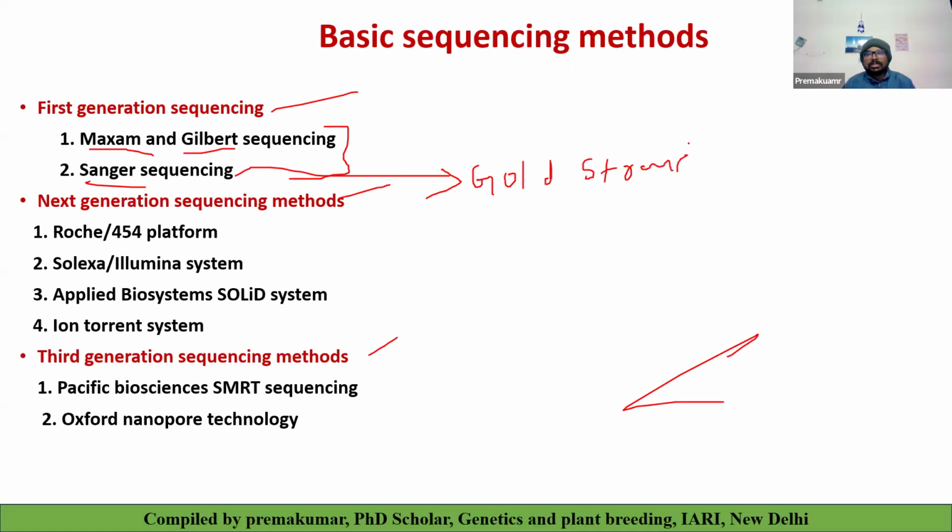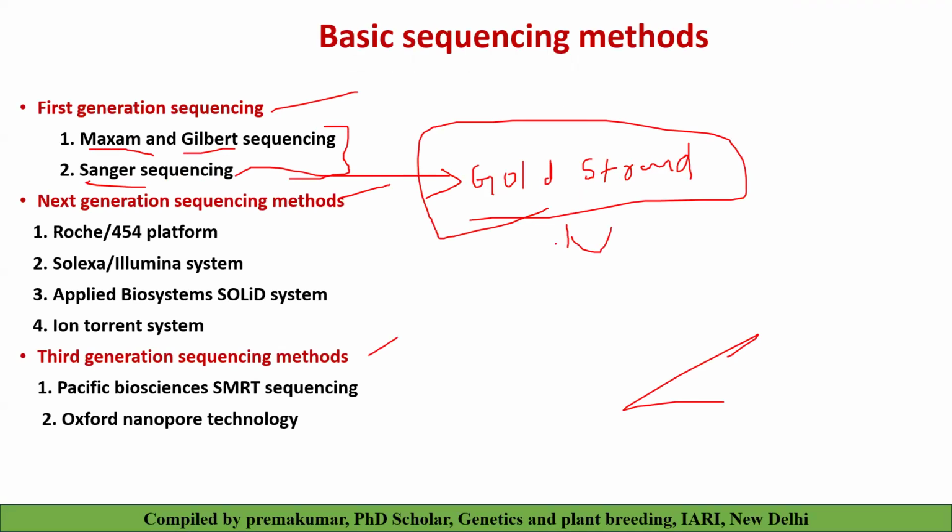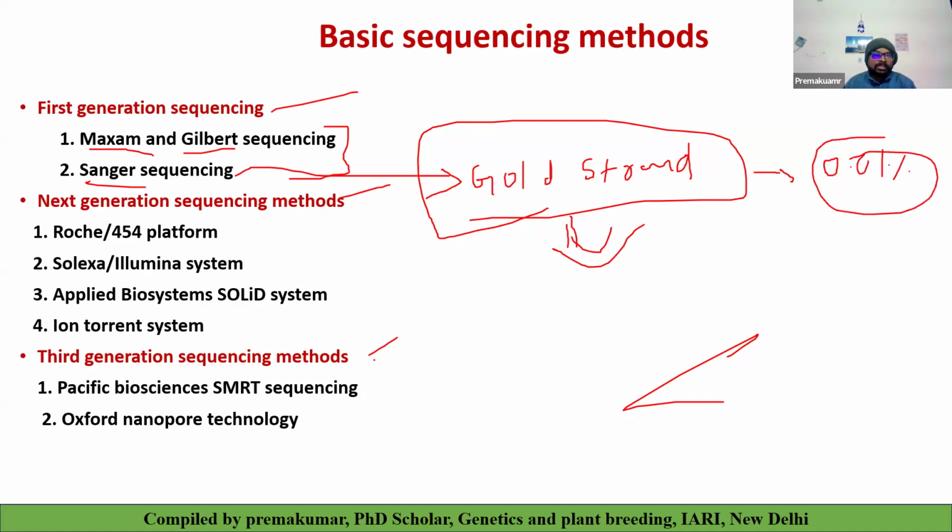Why is it considered the gold standard sequencing method? Any guess? It's highly accurate. In terms of error, you're getting only 0.01% error. Compared to other sequencing methods, error is very, very less.